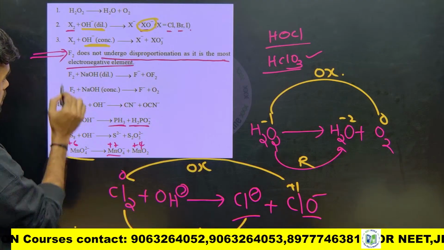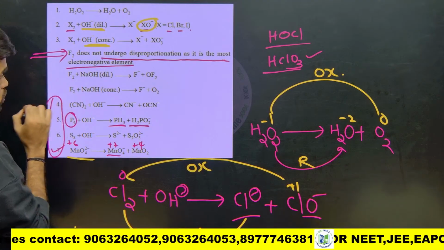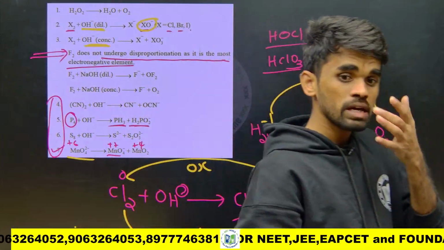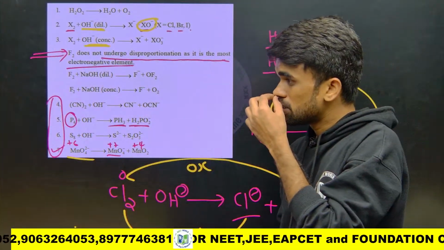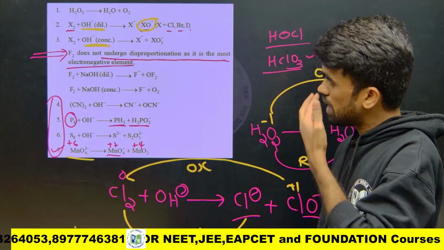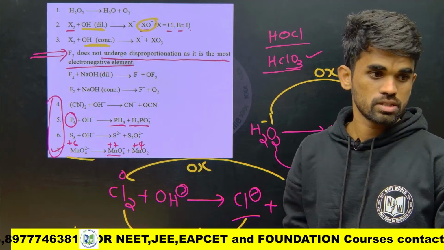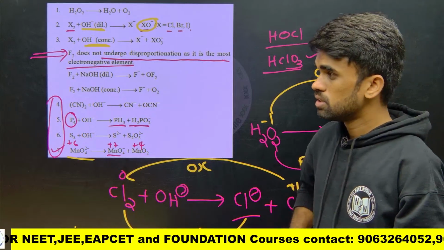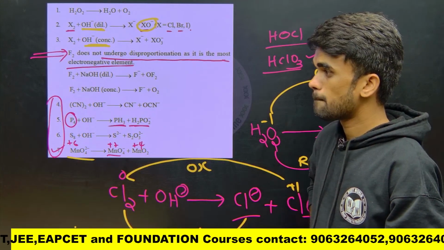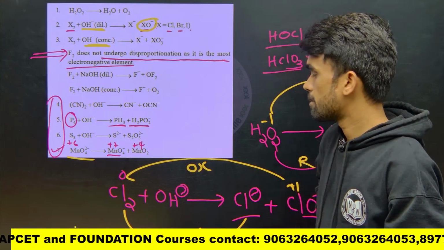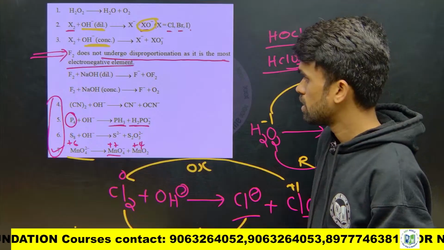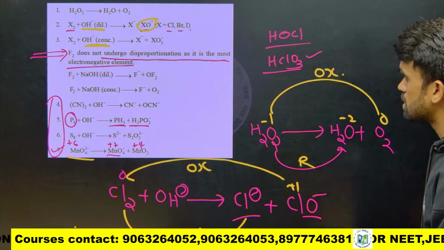So all these are very important reactions, you can make a note of all these reactions. Why I am saying important is because you can expect a question like finding the n factor in these questions. What is the number of electrons changed? That we will be finding in the upcoming classes, after learning about equivalence.